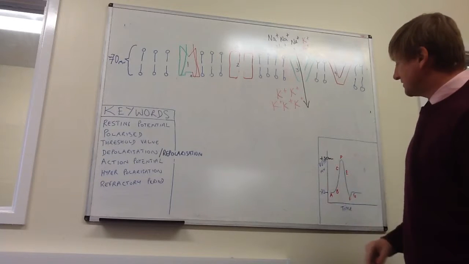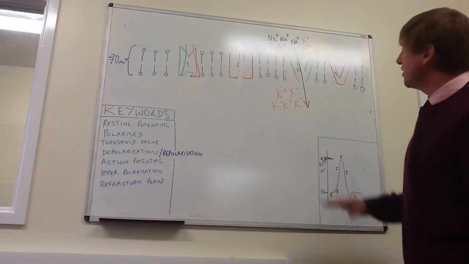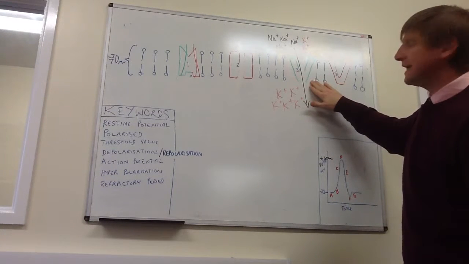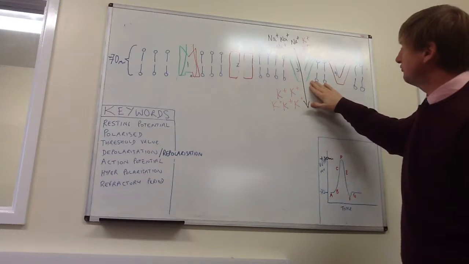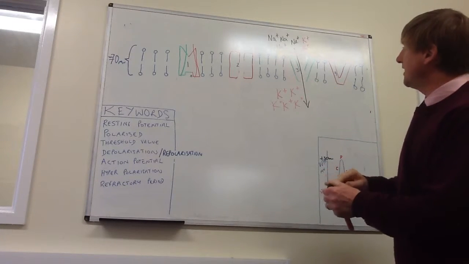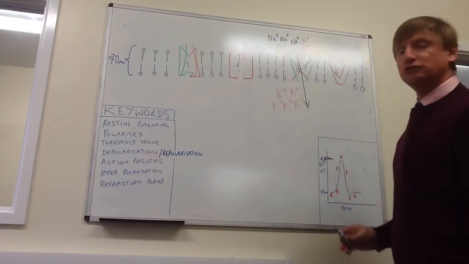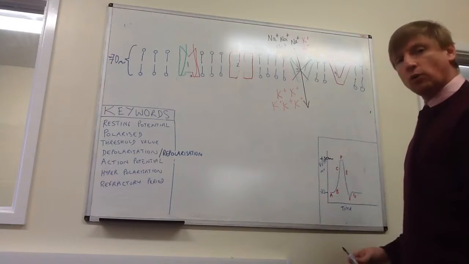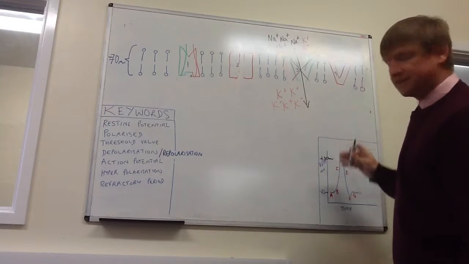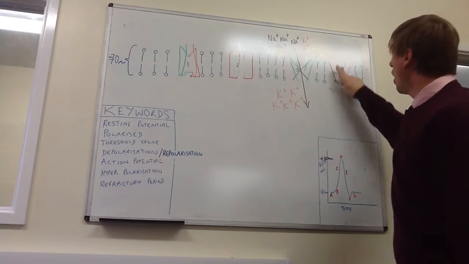Now, once we get to about plus 30, these voltage-gated sodium channels shut, okay? And therefore, sodium is unable to come in. It's at this point that potassium voltage-gated channels open.